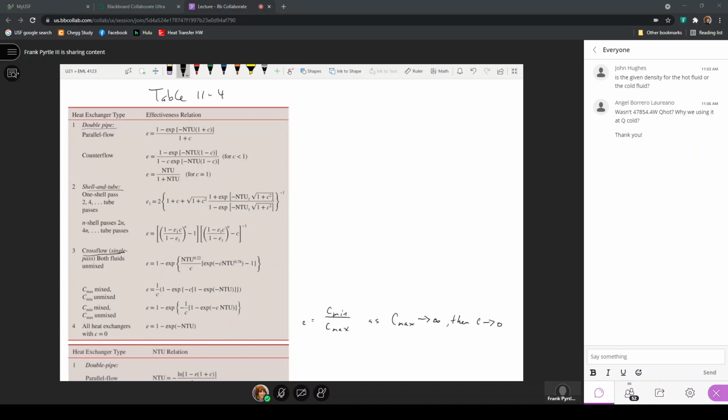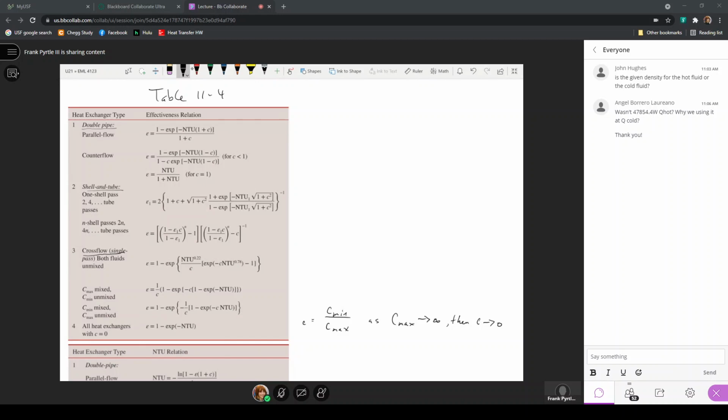If you take the expression for heat exchanger number 4, the double pipe parallel flow heat exchanger, when C goes to 0, this expression becomes 1 minus the exponential of minus NTU, with a 1 in the denominator, because we have 1 plus 0 multiplied by NTU.